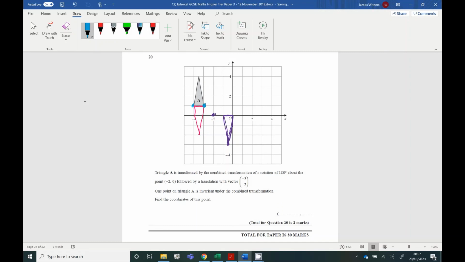The only point that therefore isn't changing is the point that's absolutely halfway along, because every other point is just flipping over to the other side. So the point that is invariant is going to be bang in the middle there. So what's the coordinate of that? That is minus 3.5 and then up 1. So minus 3.5, 1.